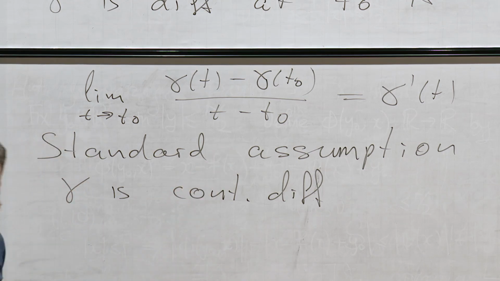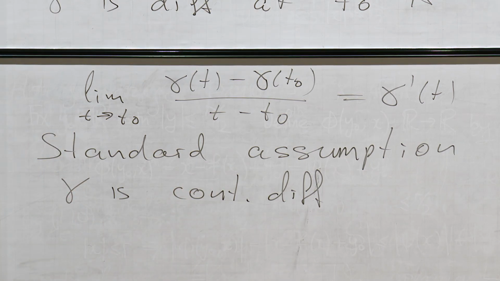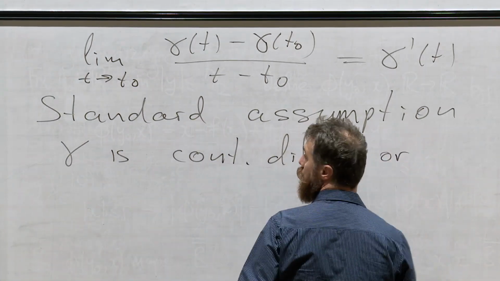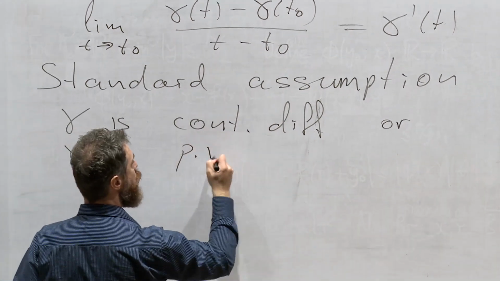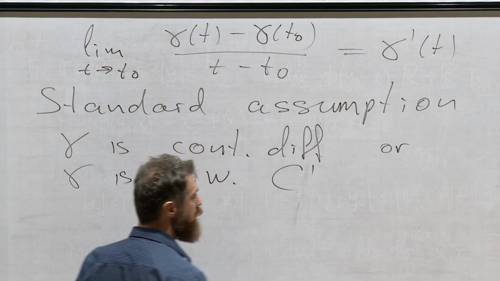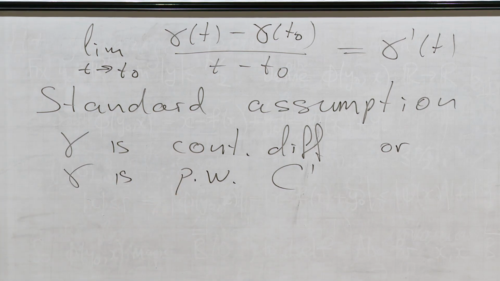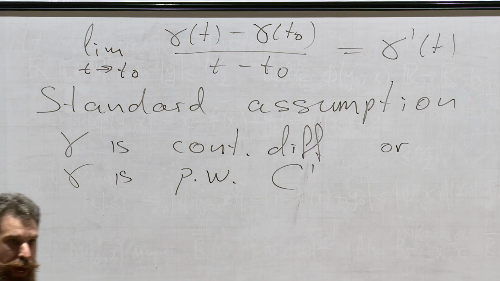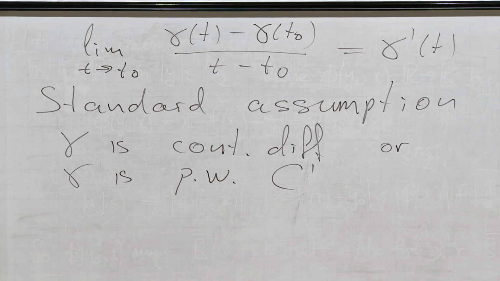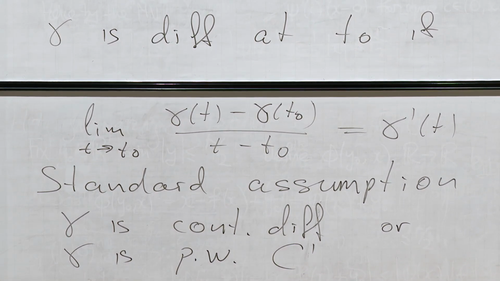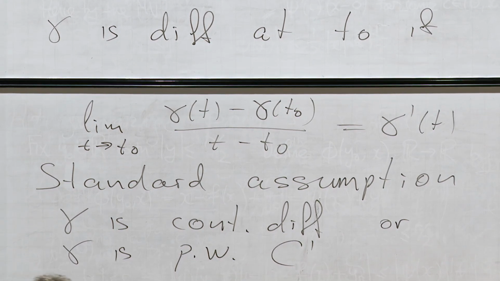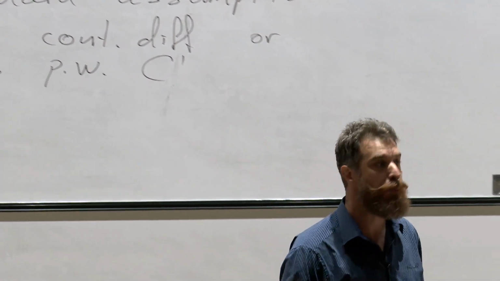So the derivative is a continuous function of T, or gamma is piecewise continuously differentiable. Continuously differentiable is denoted by C1. So it means that there are just a few points. We can split our interval AB into a finite disjoint union of smaller intervals, such that inside each interval it's continuously differentiable, but there is a finite number of points where it's not.